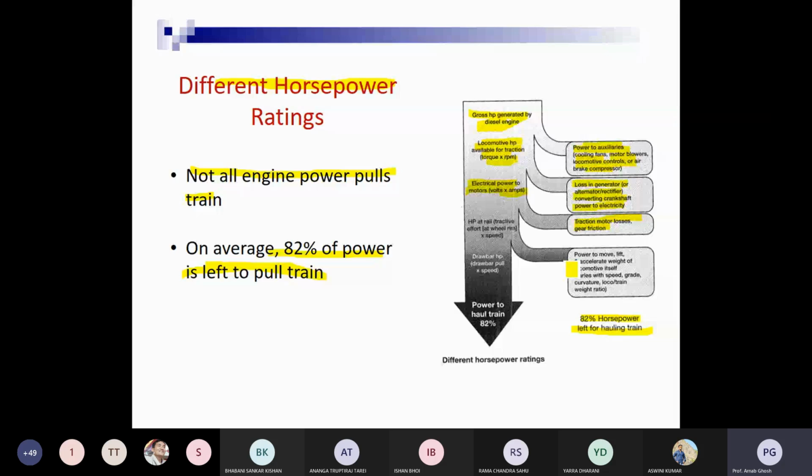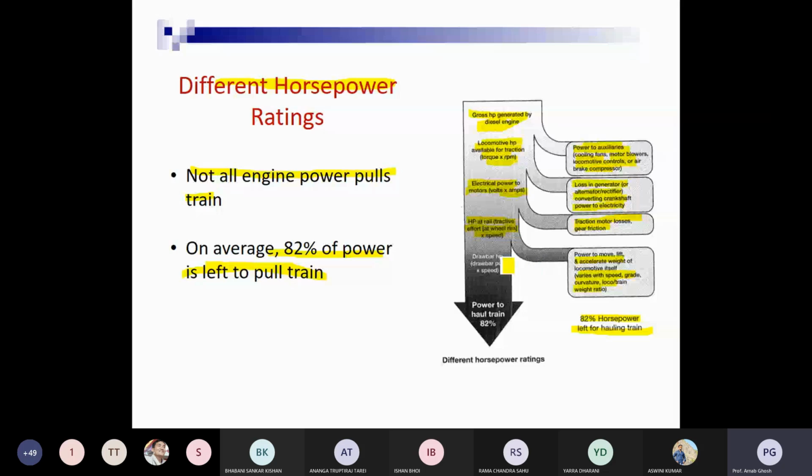HP at the rail is the tractive effort at the wheel into the wheel rim and the speed. Then the power moves to the lift, the acceleration, the weight of the locomotive itself, varies with the speed, grade, curvature. Loco to train weight ratio, that means how much load is there and the total overall weight of the train.